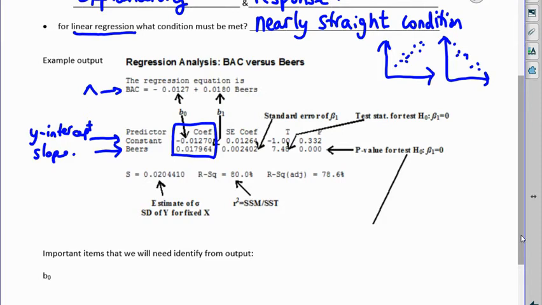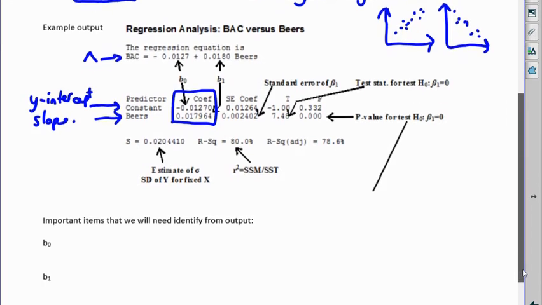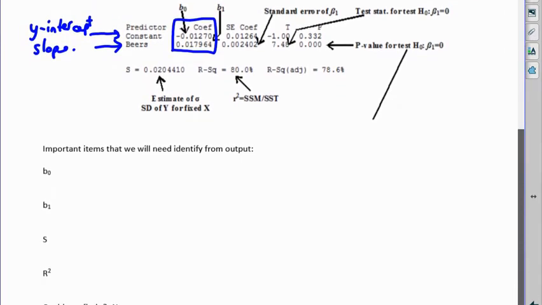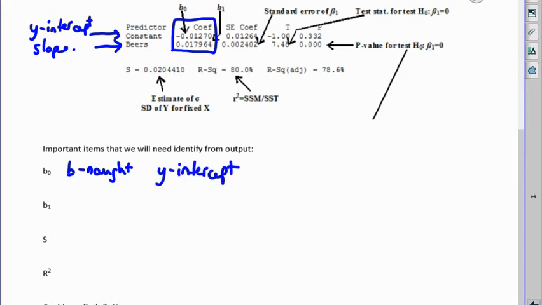So let's label what these important items are, just so that you can keep track of it. b sub 0, which in physics they'll say b naught or b sub 0, is your y-intercept. Then b sub 1 is your slope. And you can see the b sub 1 and the b sub 0.